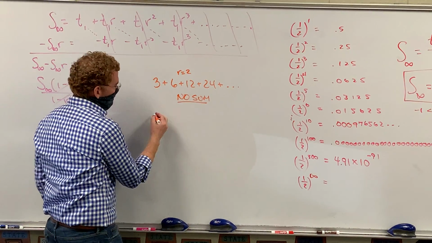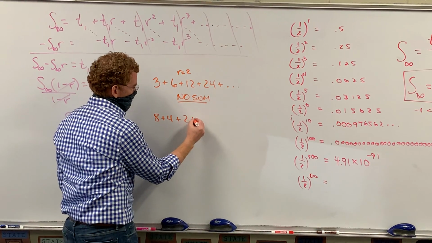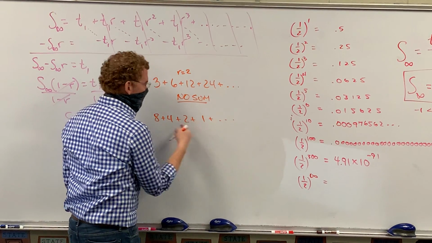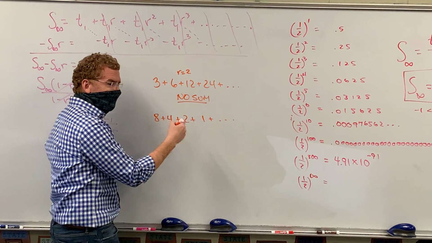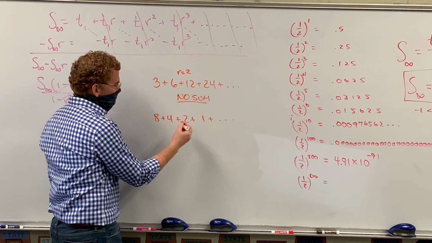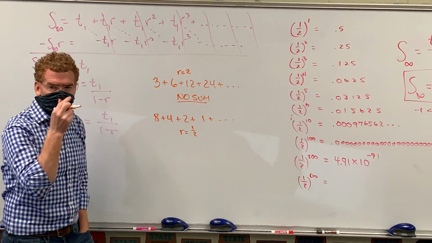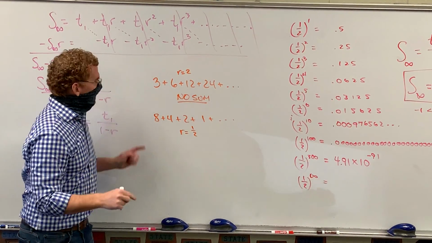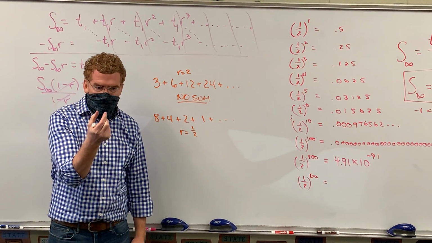But if I gave you this, what's happening here? I'm still adding stuff, right? But what's my ratio? My ratio is between -1 and 1. And because it is, even though I'm adding stuff, the stuff I'm adding is smaller and smaller and smaller.